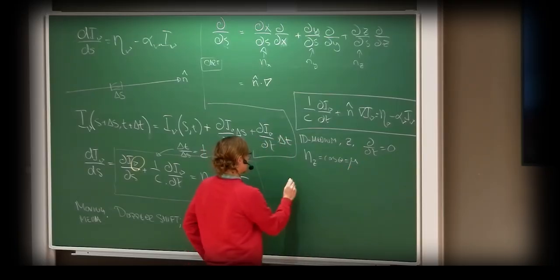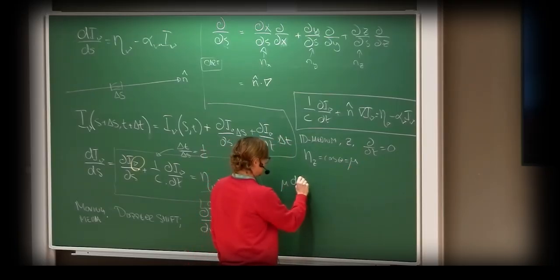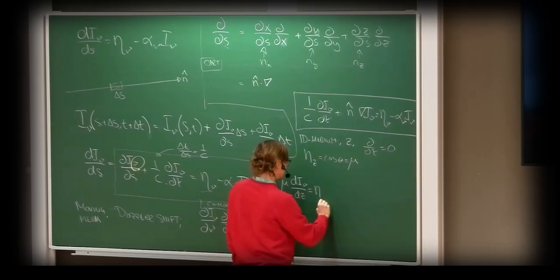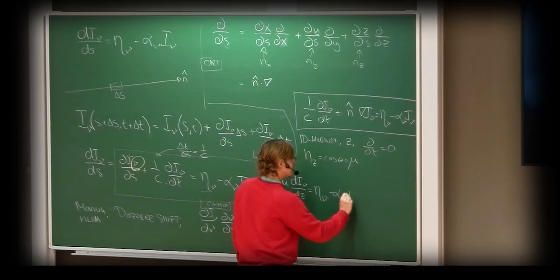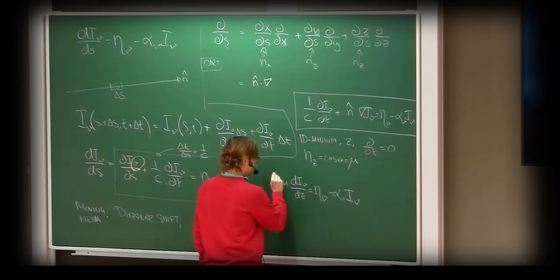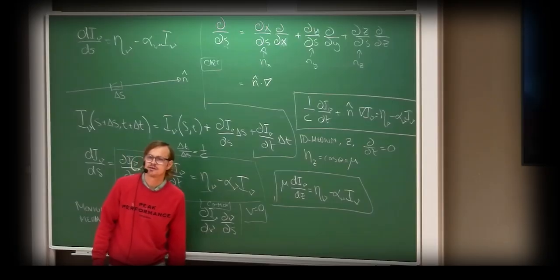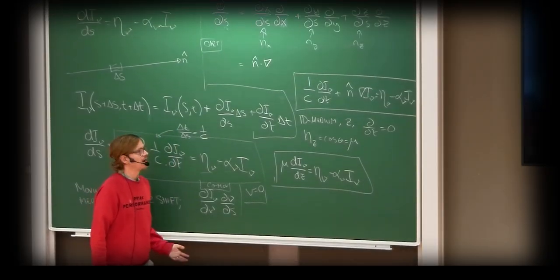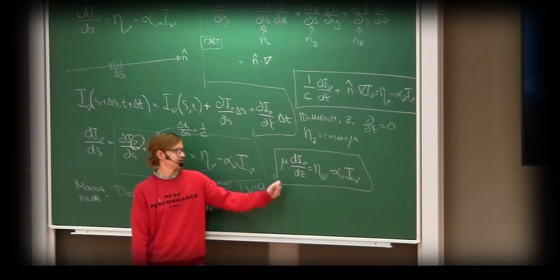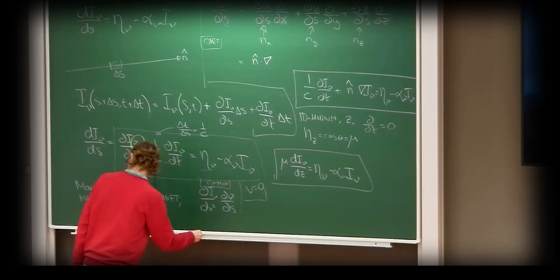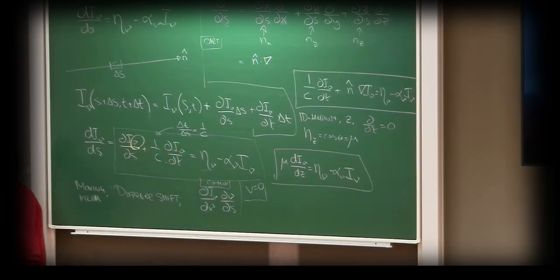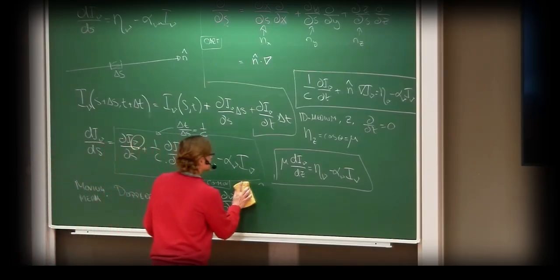So we can just write that down. It's mu dI_ν/dz equals emissivity minus alpha_ν I_ν, okay? And this is now the radiative transfer equation for a 1D stationary Cartesian situation with variations then along the z-axis.